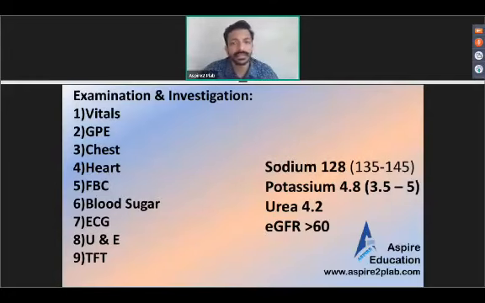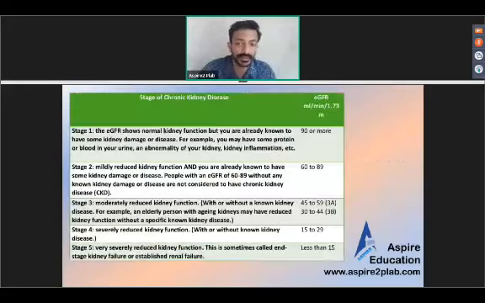Now let's have a look at the stages of chronic kidney disease. In this station they mentioned the GFR was more than 60, so let's see which stage this patient is in. Stage 1: the eGFR shows normal kidney function, but you are already known to have some kidney damage.